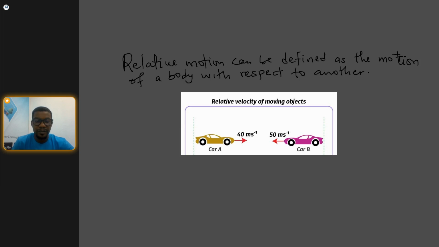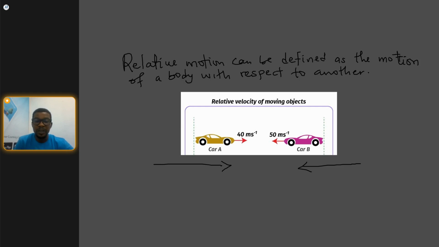Now, the diagram we have here is representing two vehicles or two cars moving in opposite directions. The car labeled A is in motion, and the car labeled B is also in motion.